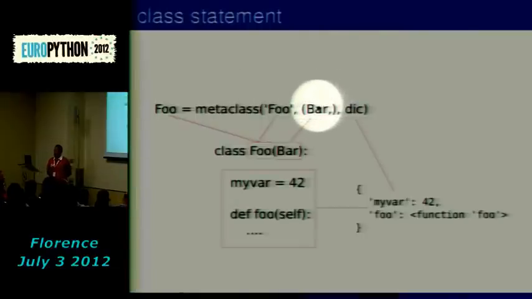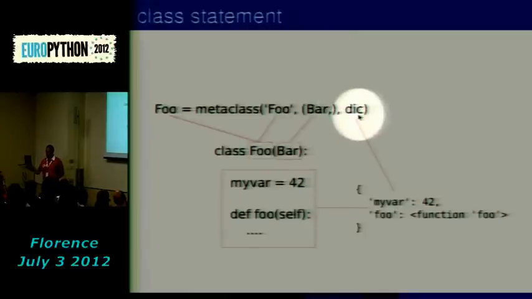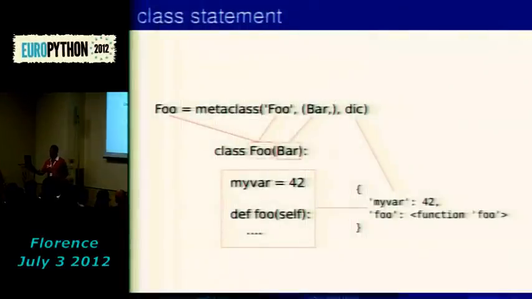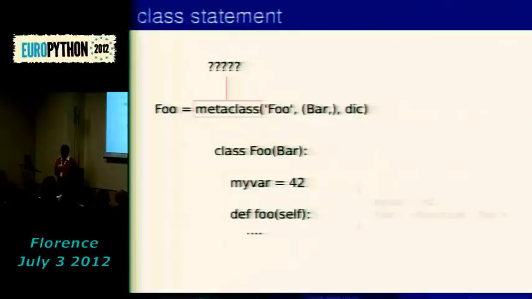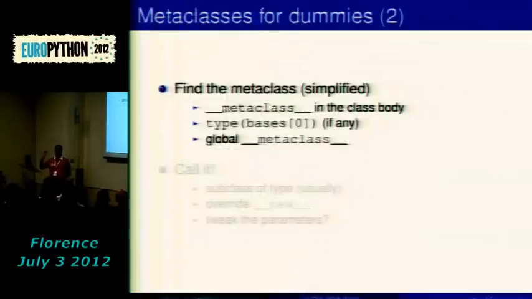Then we pass the tuple containing all the base classes, and then we pass the dictionary containing the result of the execution of the class body. How do we find the metaclass then? Well, this is a long story, but to simplify, we simply look if there is this special variable in the class body, which is __metaclass__.